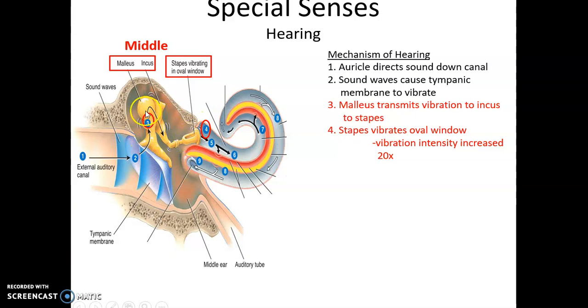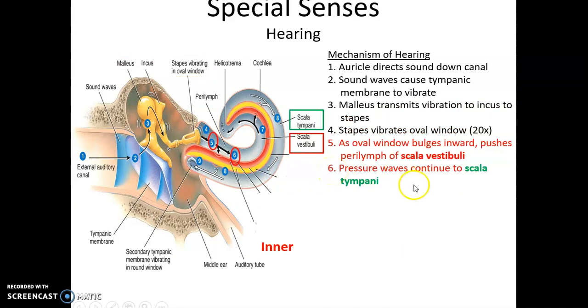And the point of these bony structures is to increase the intensity of that vibration by something around 20-fold. Then the vibration in the oval window, the bulging in and out, will lead to fluid pressure waves in the perilymph of the scala vestibuli, and those pressure waves will begin traveling up the cochlea.